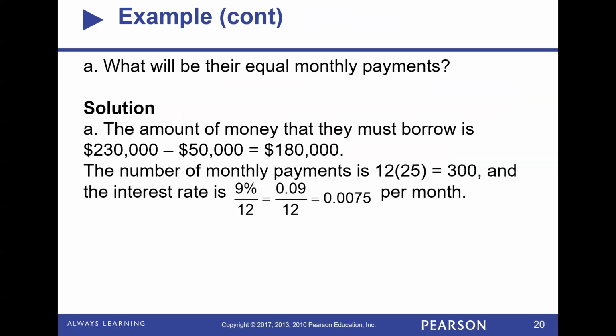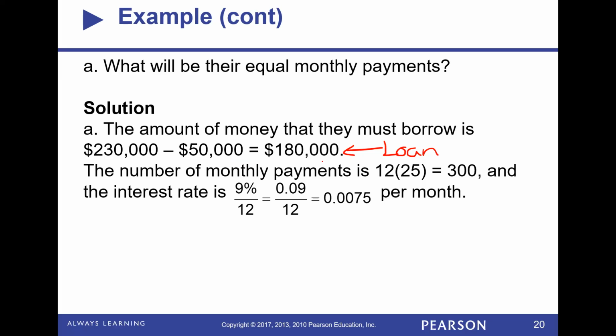So we're going to take $230,000 and subtract out 50,000, which is what I'm actually going to borrow. This is my loan. $230,000 was my house price, so that's what you would see as the list price. But I have a down payment of 50,000, so really I'm only getting a loan for 180.